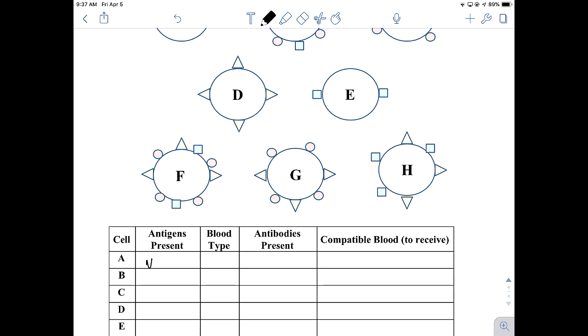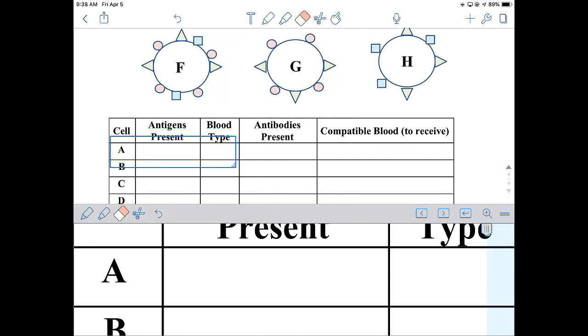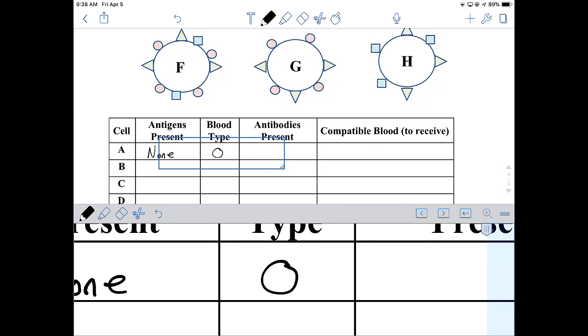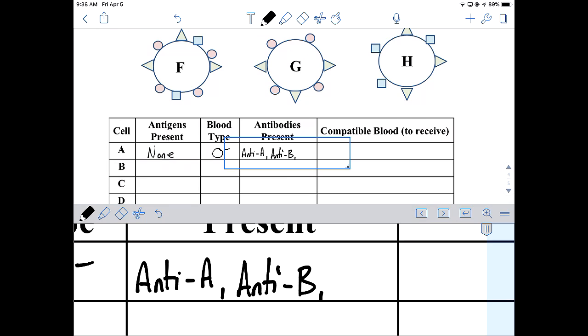So we say none. This is what I would expect for this one. On A, we see no antibodies, or none. So the blood type is O negative. And then what antibodies would O negative blood have in it? Yeah. So we would have the anti-A, anti-B, and if it's O negative, anti-Rh.